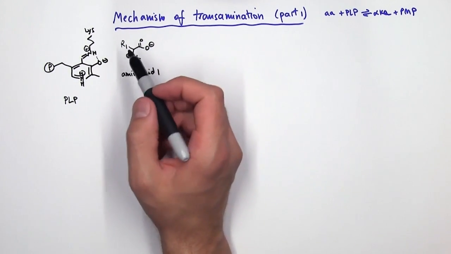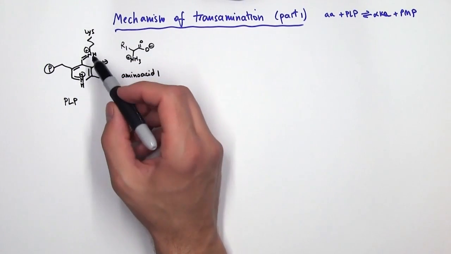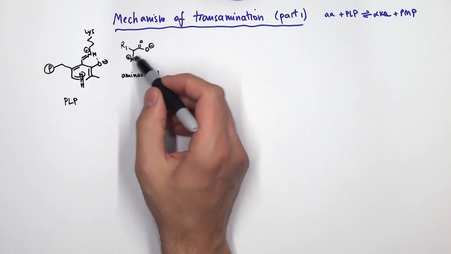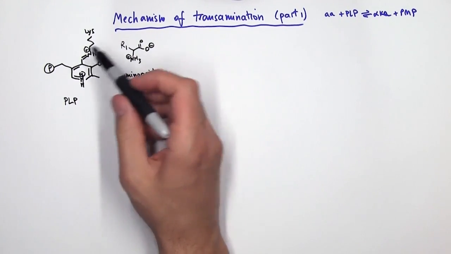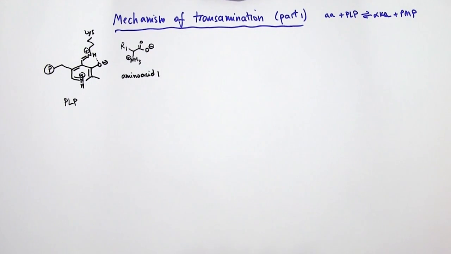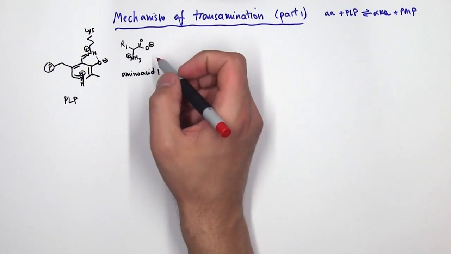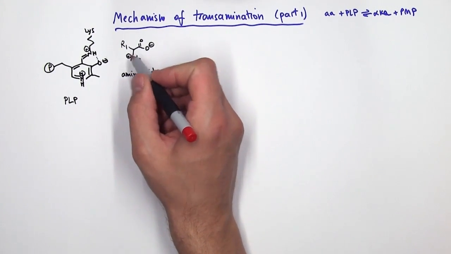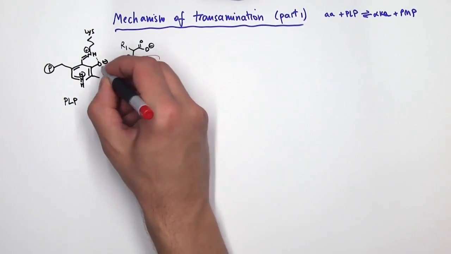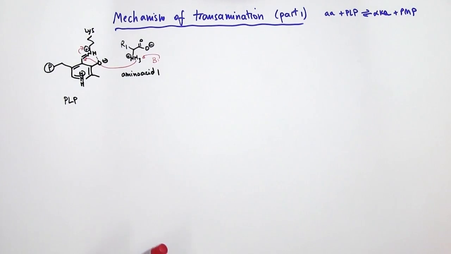So in the first step, the lysine that forms the Schiff base with the cofactor is going to be replaced by the amine functionality of the amino acid, and it will form a new Schiff base with the cofactor. This starts with the amine group attack on the pyridoxal carbon to form a tetrahedral intermediate.